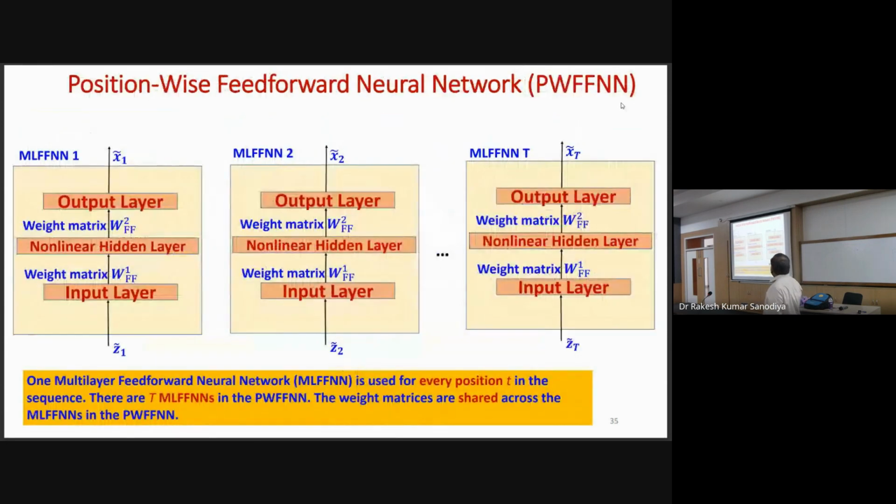Okay. As I said, all these transformations are only linear in nature, right? And linearity is not good enough, right? So we try to introduce the non-linearity now. So basically, earlier we generated this Z vector by multi-head attention. Now I pass it through a feed-forward neural network, which all of you are familiar with, which typically has an input layer, then a non-linear layer, and an output layer, right? And then it will generate a new representation for the original XT in the form of this X tilde T, right?